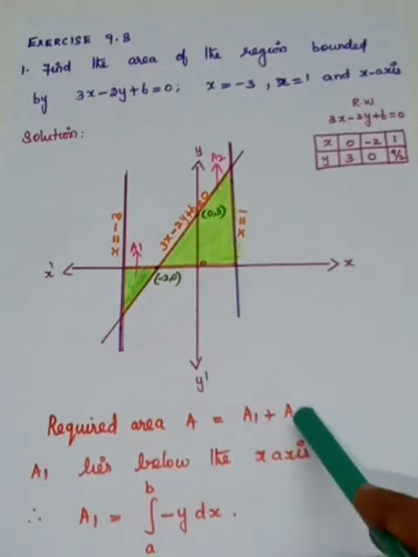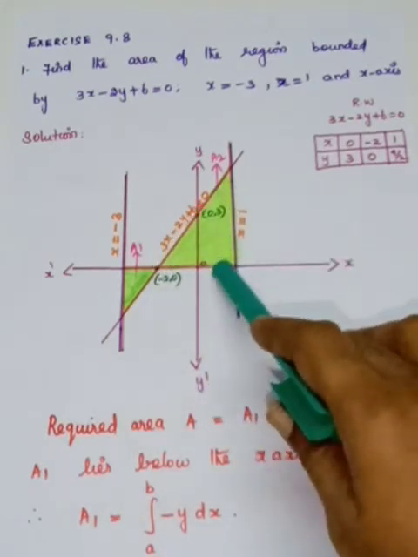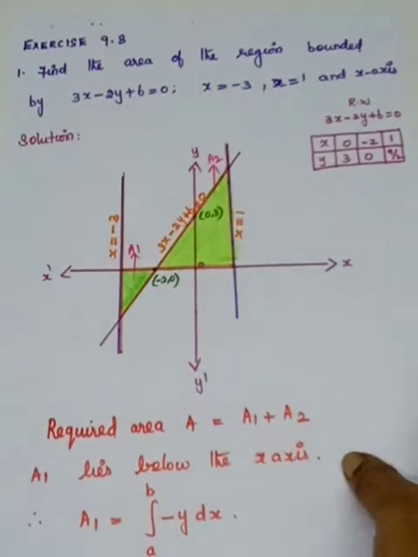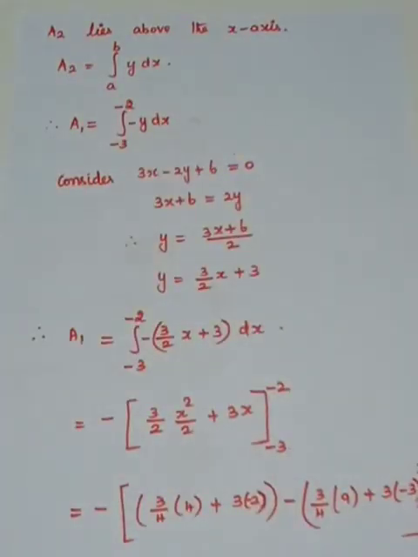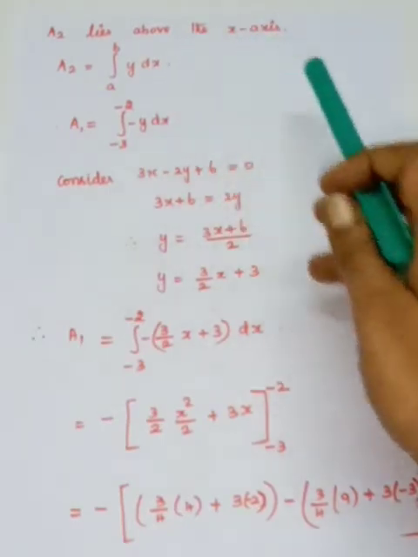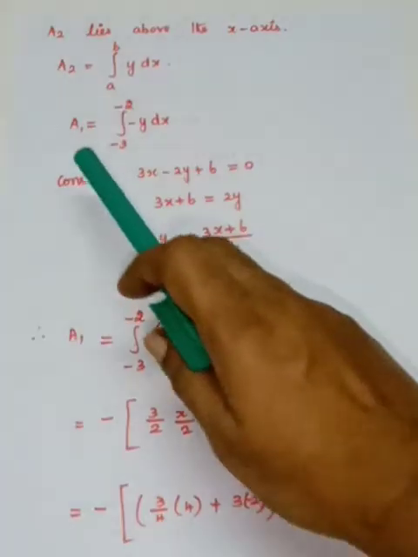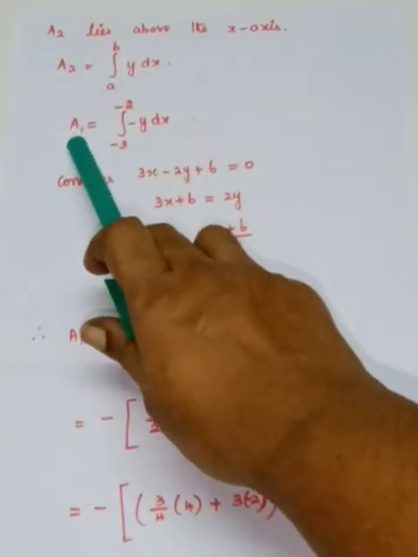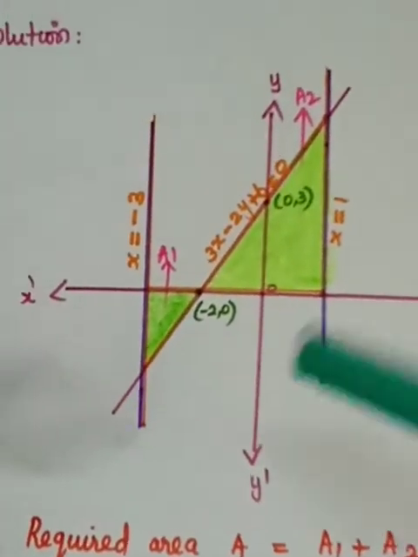Okay, and the second one, A2, how is it? This part is A2. It lies above the x-axis. Therefore the A2 formula is integral a to b of y dx. So I have written what A1 is, what A2 is, and what formula has to be used. Next I am going to find the area. So take A1, A1 is this part.